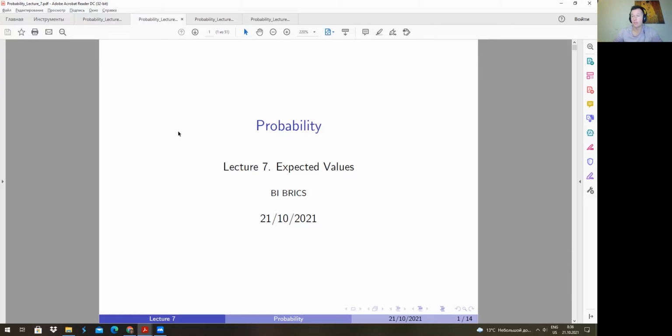And this probability distribution, as we just discussed, might be represented with the help of a graph, function, table, whatever. Now we want to have some special indicators to characterize this probability distribution. Especially for continuous random variables, it is crucial because we have a lot of possible values and it is kind of difficult to comprehend the whole distribution itself. So we use expected values in order to do this.